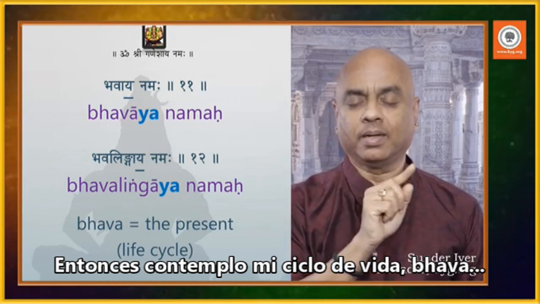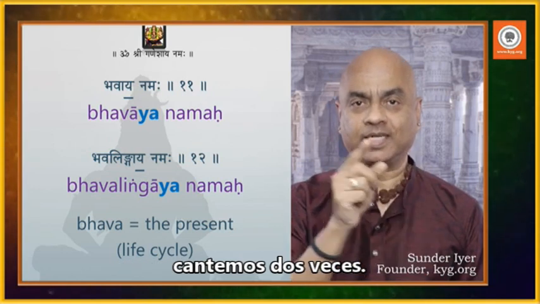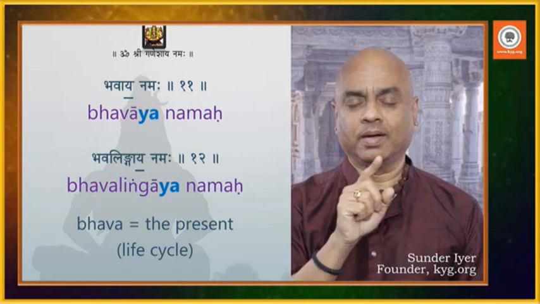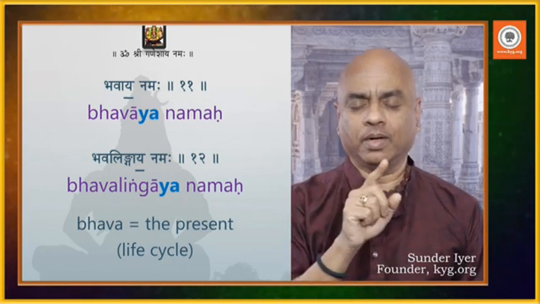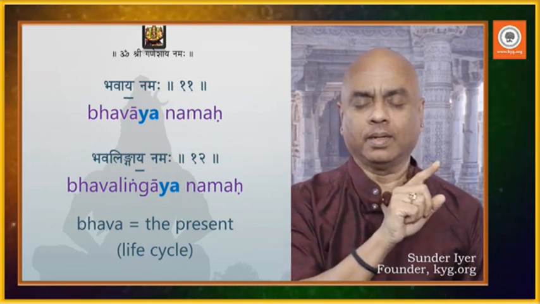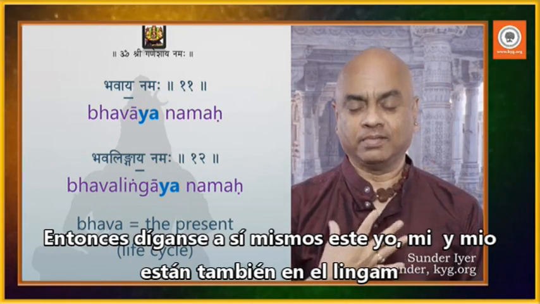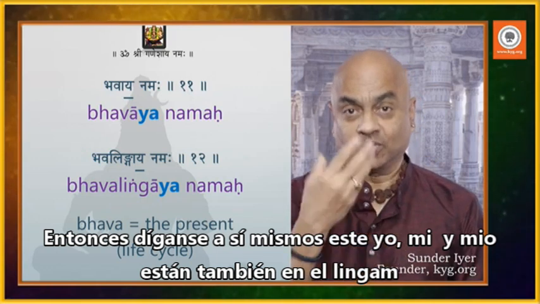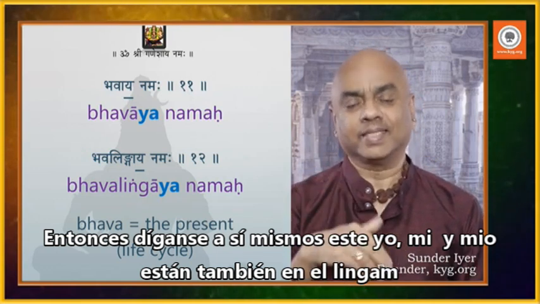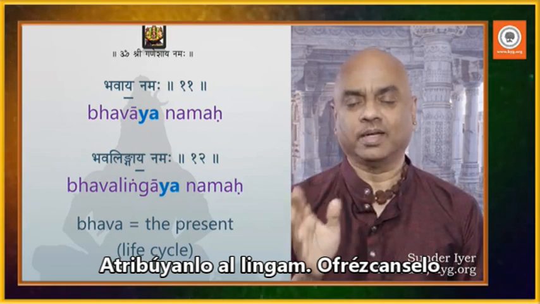Bhavaya Namaha. Let's chant it twice. Bhavaya Namaha. Bhavaya Namaha. And then tell yourself, this me, I, me and mine, and this life cycle is also inside this linga. I ascribe it to the linga. I offer it to the linga.